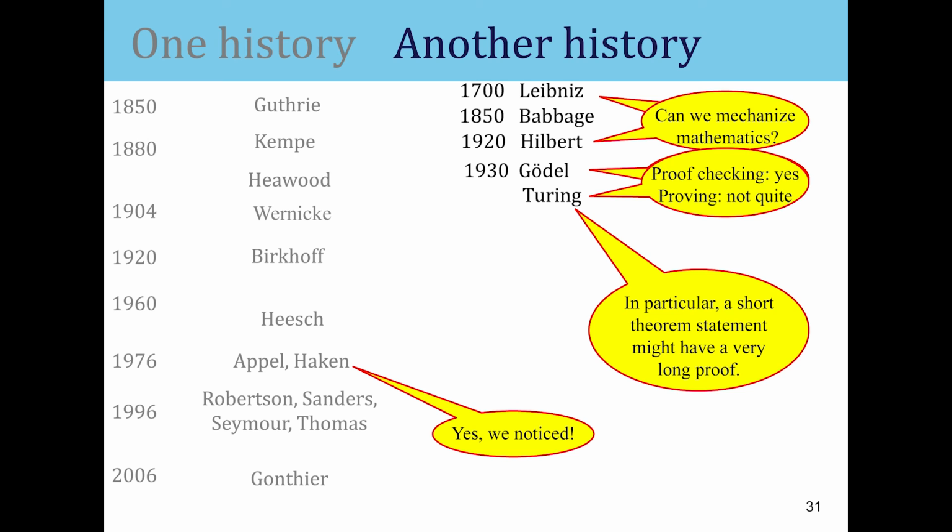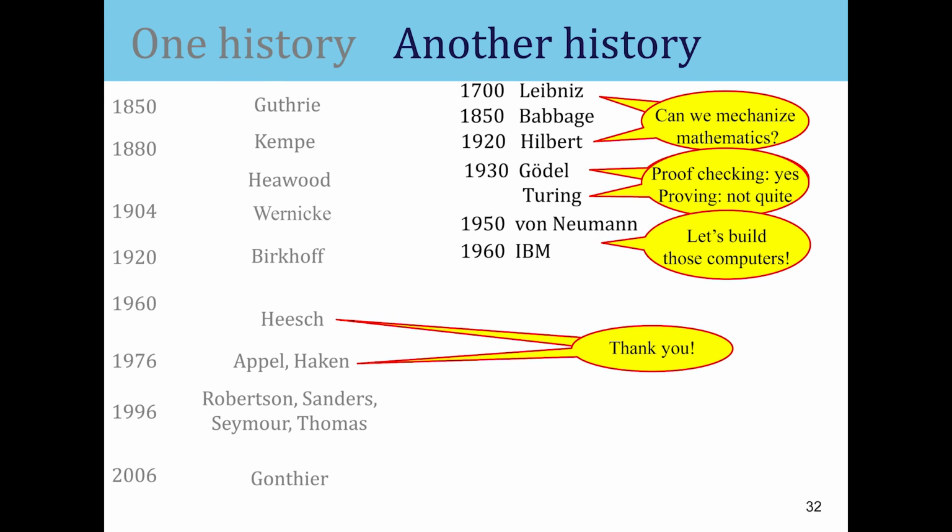And a consequence of Turing's result is that there must be some short theorem statements whose smallest proof is actually quite long, which is noticeable. So then von Neumann and others, Univac, Honeywell, IBM, started building computers, which was useful to people trying to prove the four-color theorem.